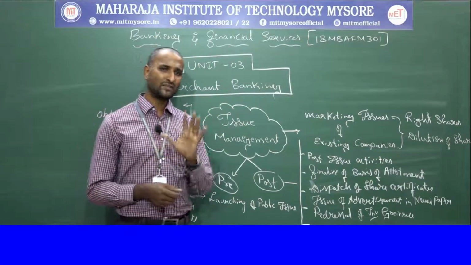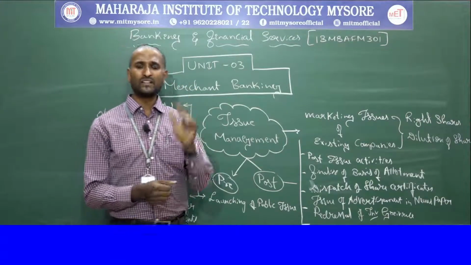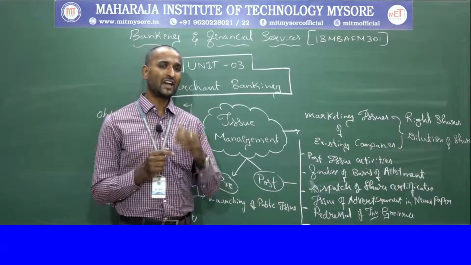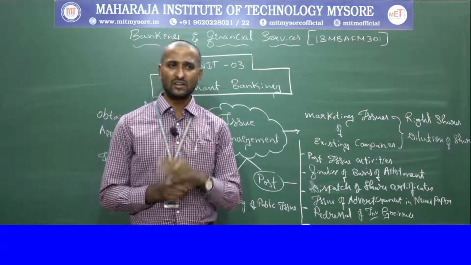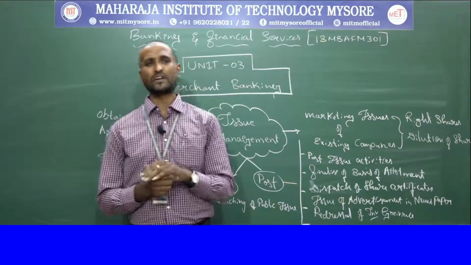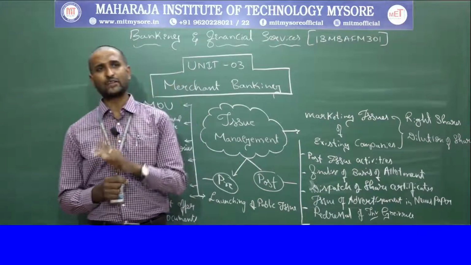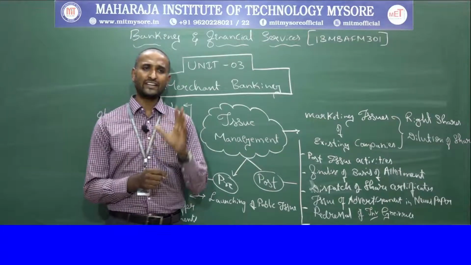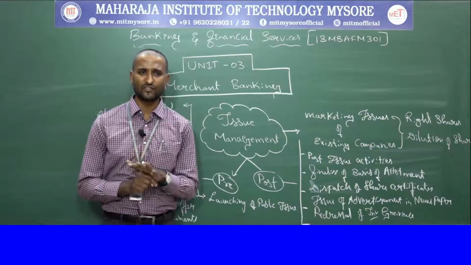In a fixed price issue, as I said, the price is already fixed by the company. But in book building, based on the demand created, the company decides what price to state. When we consider the offer price in fixed price issues, the price at which the securities are offered and would be allotted is made known in advance to the investors.